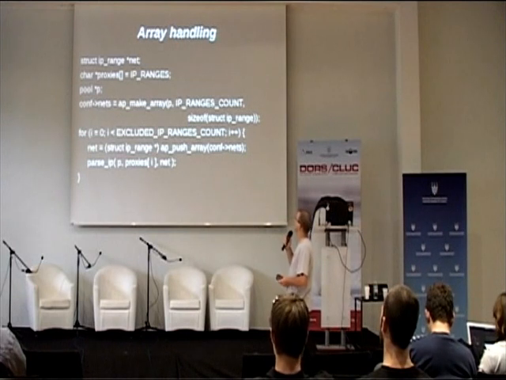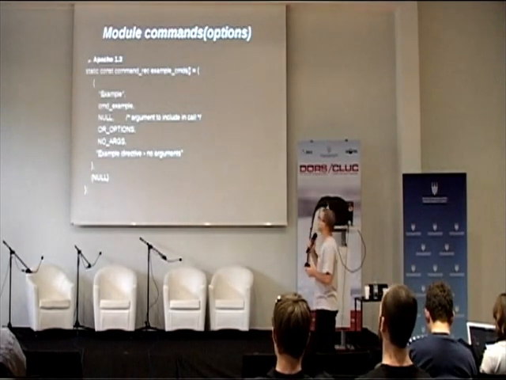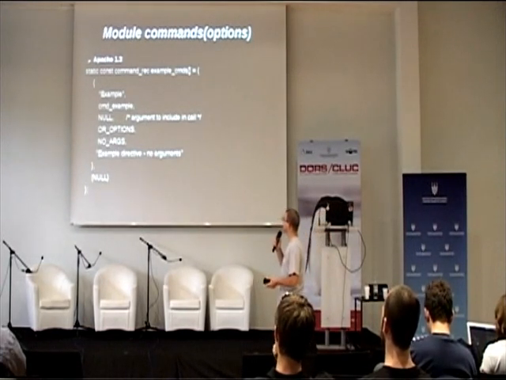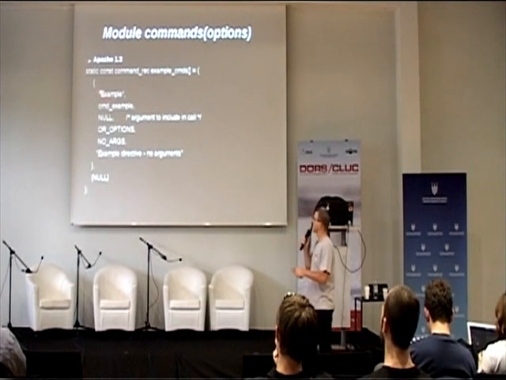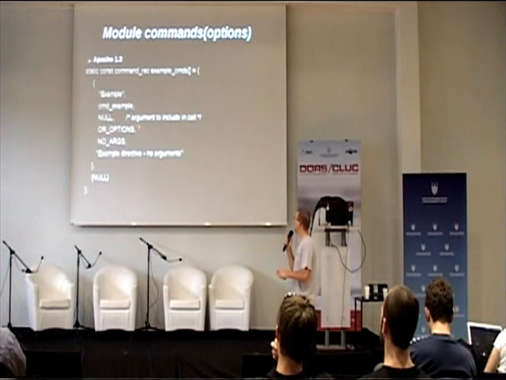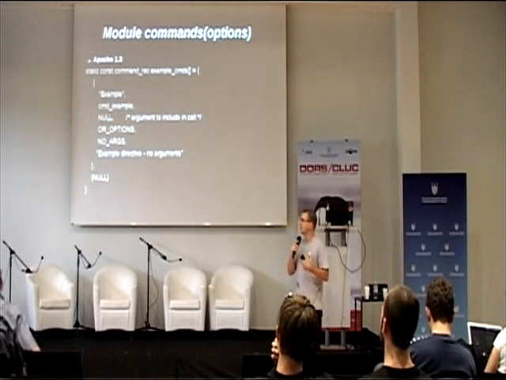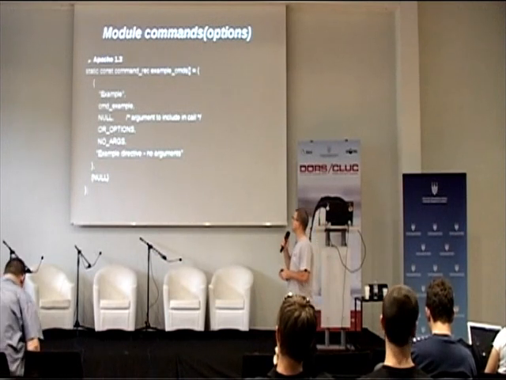After that, for arrays, I will get back to that a little bit later. After you have defined this structure, you have to define your option. For example, my option should be called example here. The function that will handle my option will be called cmd_example. I would not send any arguments to this function directly.